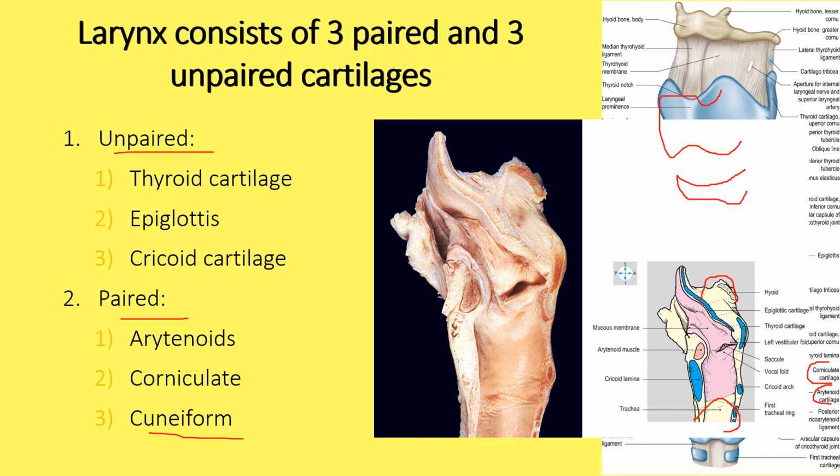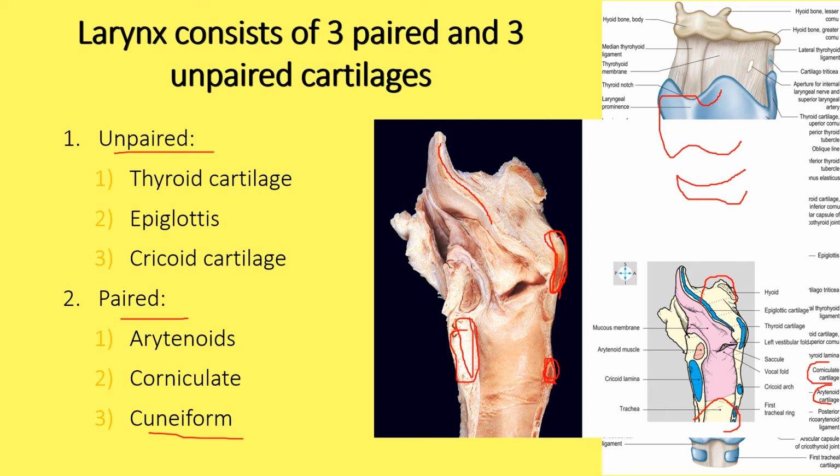So this is your epiglottis. And this is your cricoid cartilage. And this is your thyroid cartilage here. And you can also see part of your cricoid cartilage.